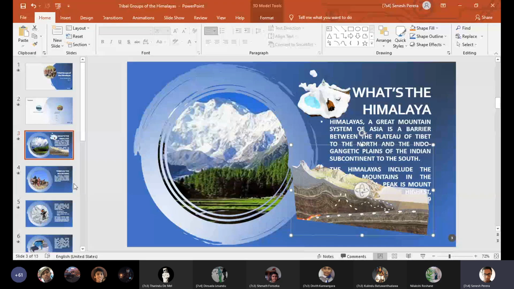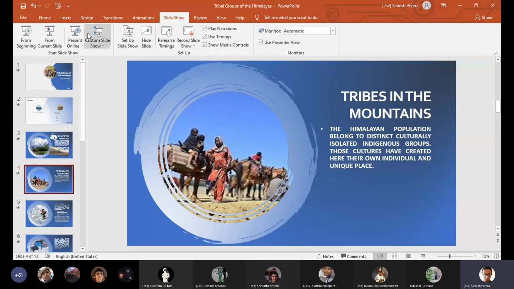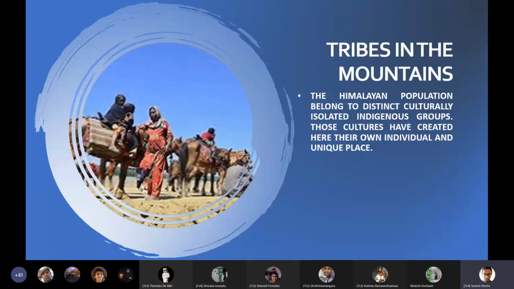I will now be explaining the tribal groups, the people who live in such high mountains. The Himalayan population is culturally distinct. They are very isolated because of the natural landscape, so they will describe the Himalayas to you in various and different ways.